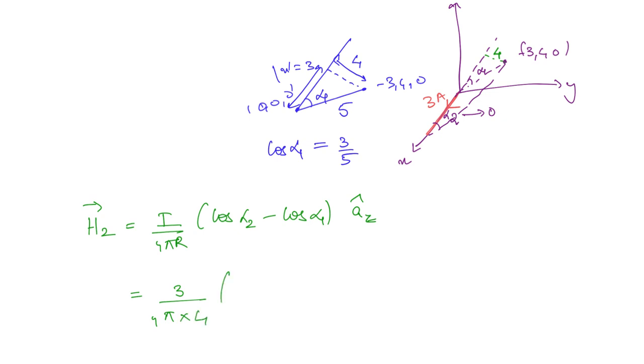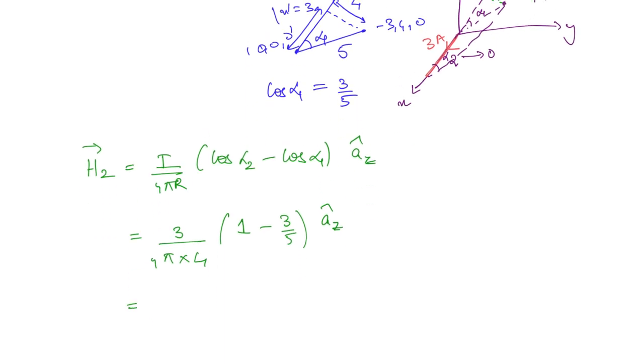What is cos alpha 2? Cos 0 is 1 minus cos alpha 1 which is 3 by 5, az cap. So the final answer you are going to get is 23.87 az cap milliampere per meter.